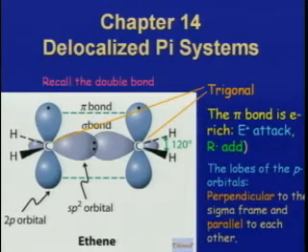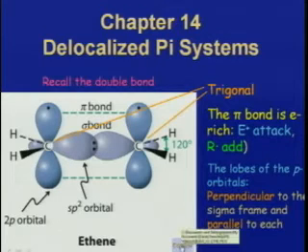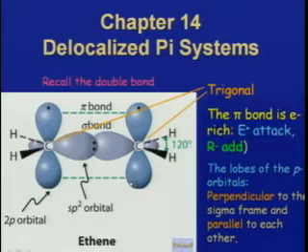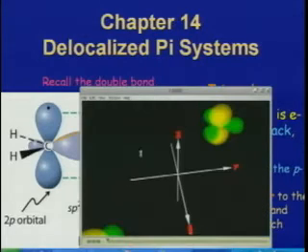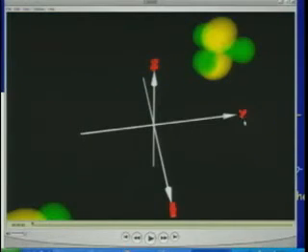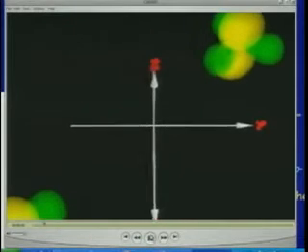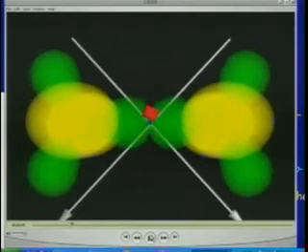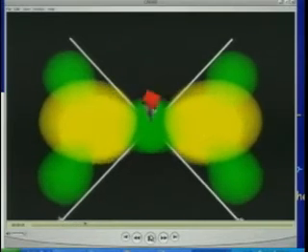So there is an animation that I can show you how ethene is constructed. That gives you a better feel for the three-dimensional nature of this. So this is around the XYZ coordinate system. Here, the two sp2 hybridized carbons.